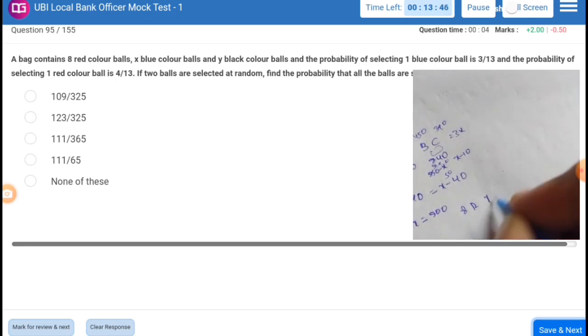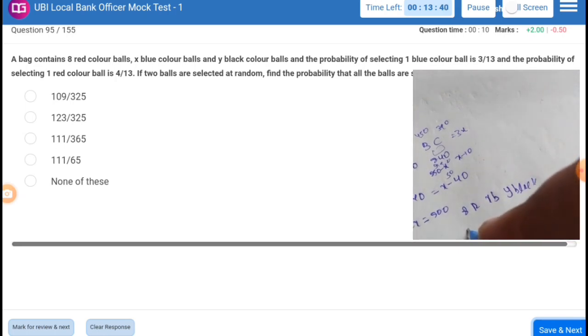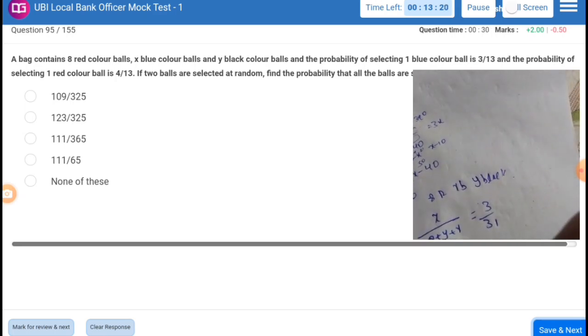8 red, x blue, y black. Blue color ball is 3 by 31. 3y minus 3. 24 plus 3y.